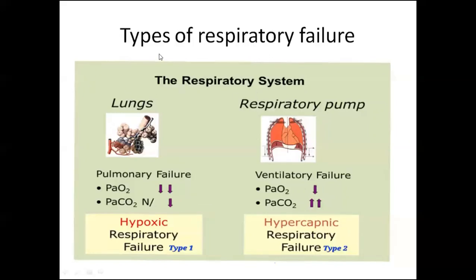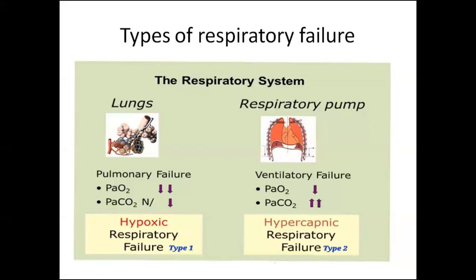And the final thing is the types of respiratory failure. It is mainly a problem with the lungs, or a problem with the respiratory pump. When you have a problem with the lung, you have a fall of more O2 than CO2, because CO2 can diffuse more easily than oxygen. So when the lung, the alveolar exchange unit, is the problem, you have more hypoxemia than hypercarbia.